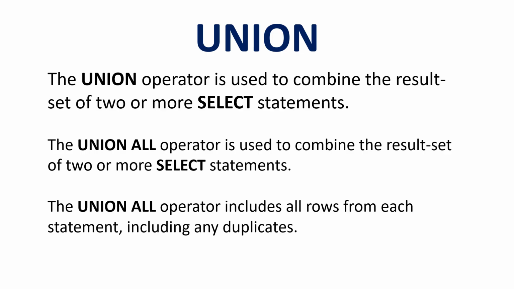Moving on, the union operator is used to combine the result set of two or more select statements. The union all operator includes all rows from each statement, including any duplicates.